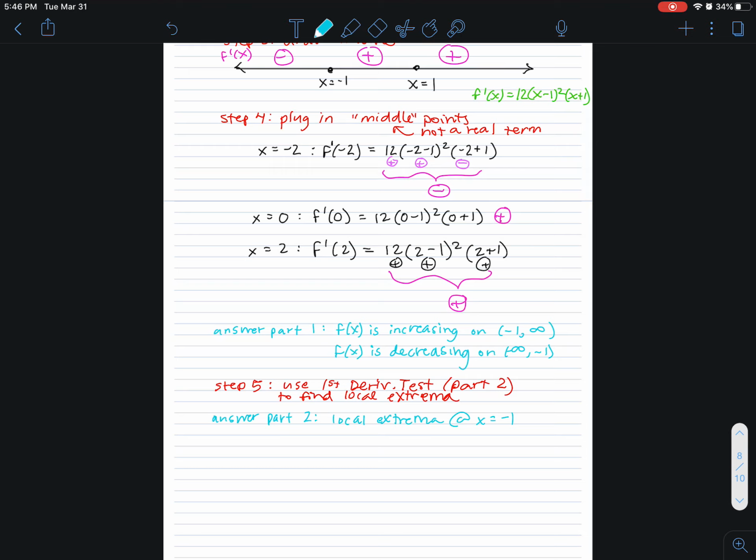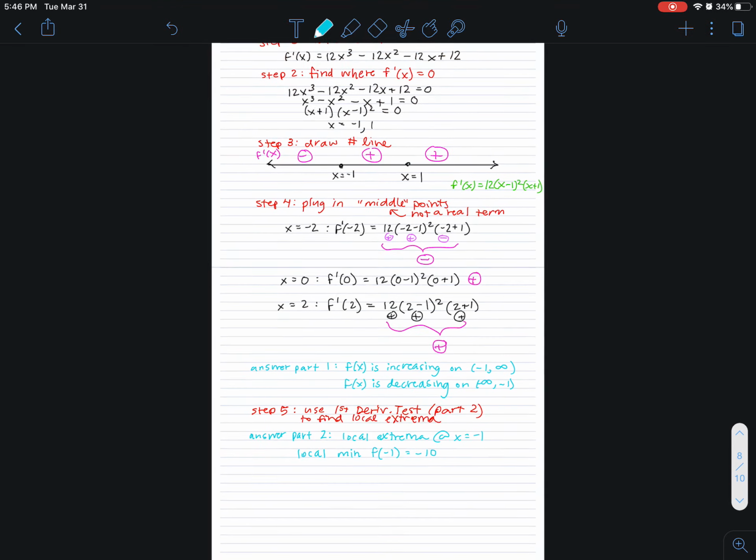And we know that our slope is changing from a negative slope to a positive slope, which gives us a minimum. So we're going to have a local minimum of f at negative 1 is equal to negative 10. Okay, so that would be your answer.